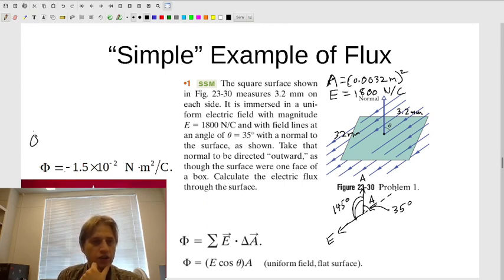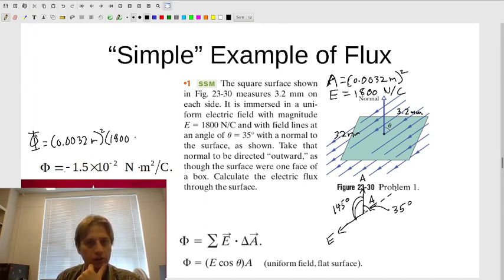So if you stuck these together, you get 0.0032 meters squared times 1,800 newtons per coulomb times cosine of 145. That's why in the textbook example you'd get a negative on this one.